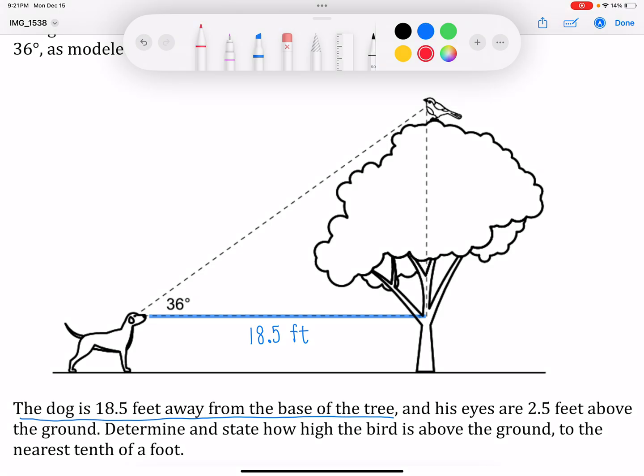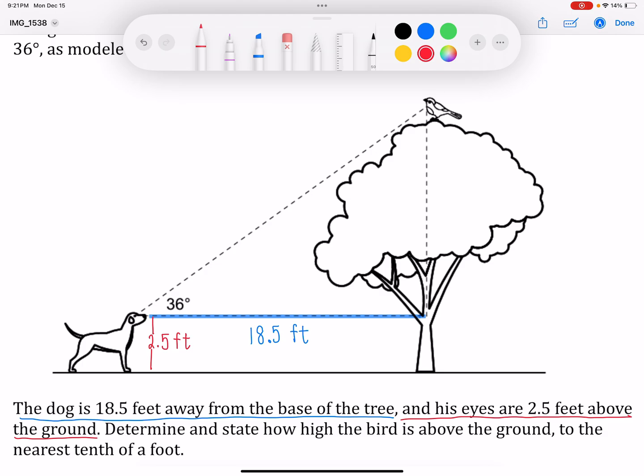Then I will mark that his eyes are 2.5 feet above the ground. So that's this distance over here, and that's 2.5 feet. And I will save this piece of information for later.